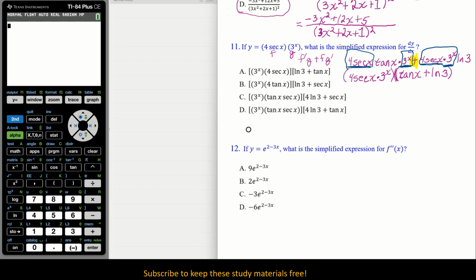It doesn't matter which way we add them. You can flip them, so that doesn't matter. Same thing for multiplication, so we can apply those properties. And this would mean that A does satisfy what we're looking for. Now, why would B, C, and D not satisfy? Well, let's take a look.